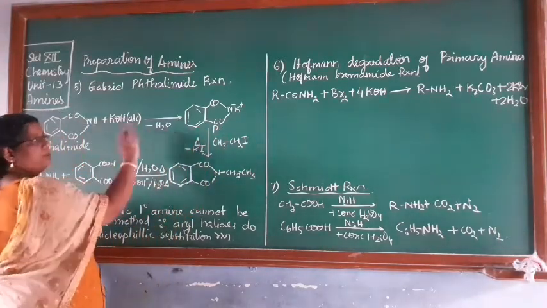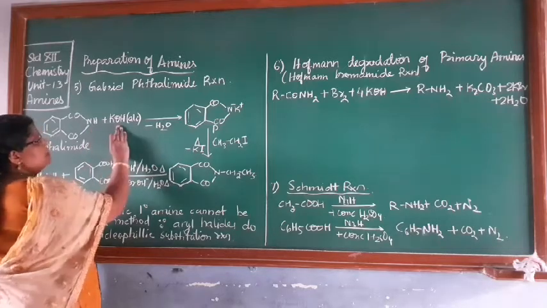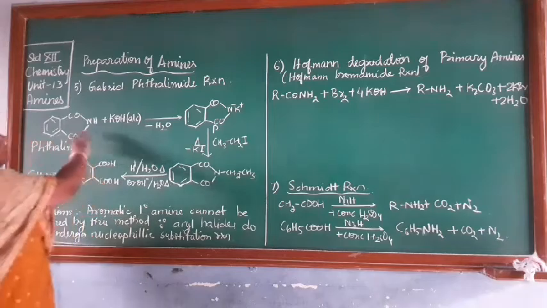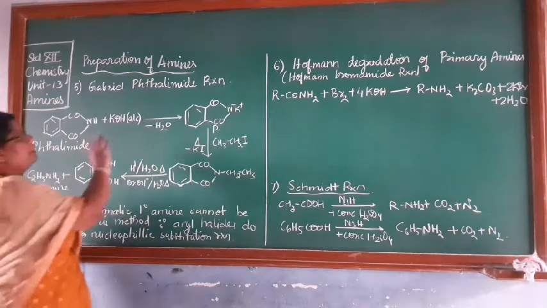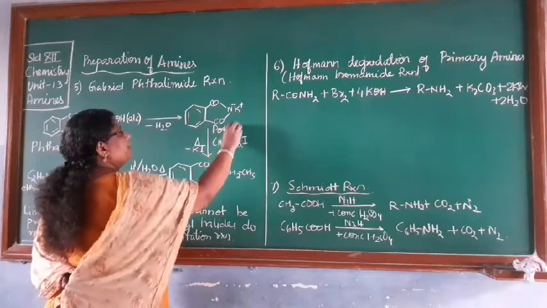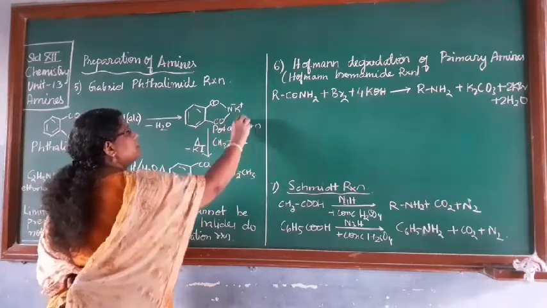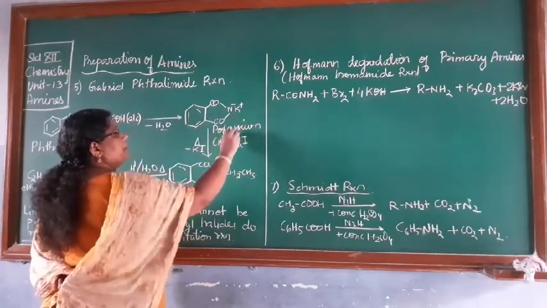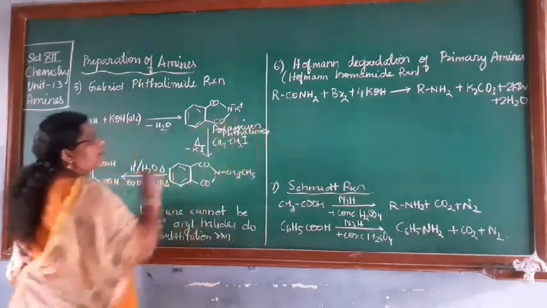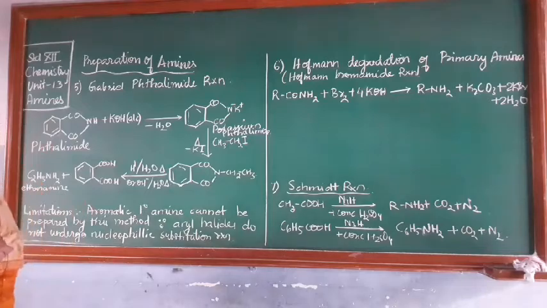KOH, you form the salt here. This is base, this will be the derivative which you obtain from an acid. So here you will get first the potassium phthalimide salt.